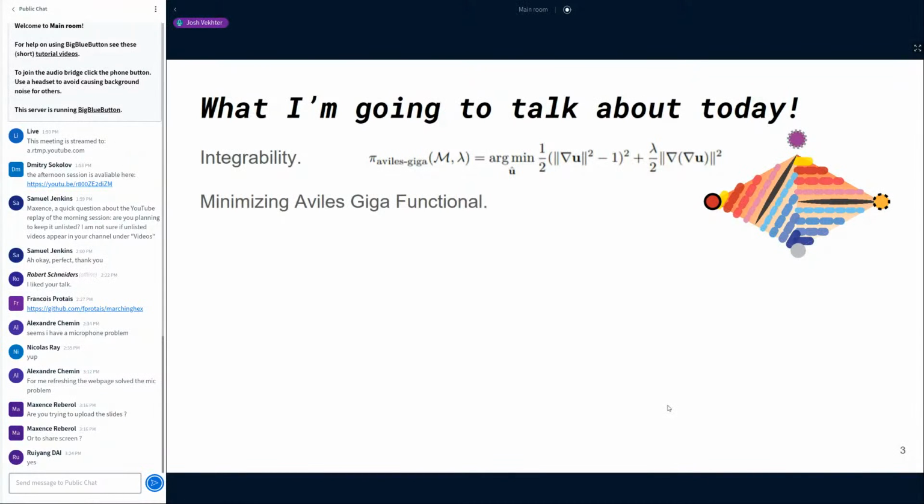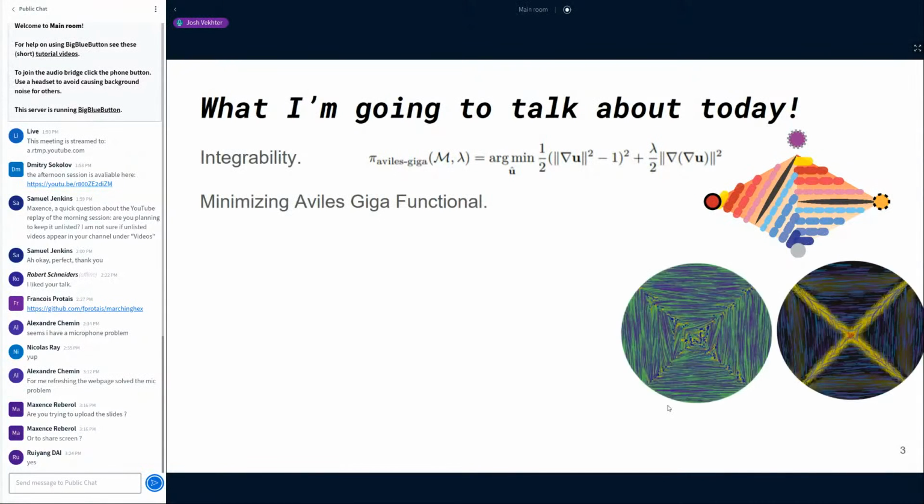I want to make an argument that the thing that we actually want to be minimizing when you solve a frame field problem is the Aviles-Giga functional, not the Ginzburg-Landau functional. The difference is that there's an extra integrability constraint. And so minimizers of the Aviles-Giga functional have a different qualitative behavior. You can have these line domain wall singularities that appear in addition to just point singularities.